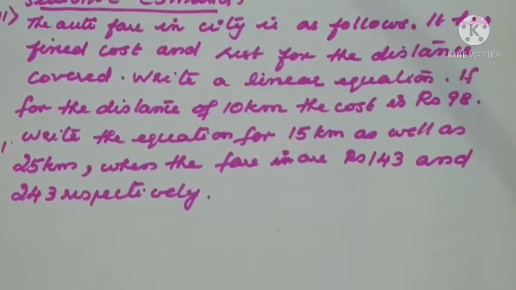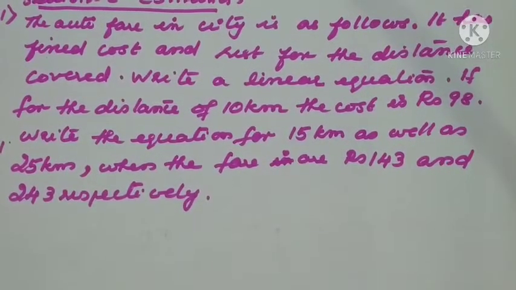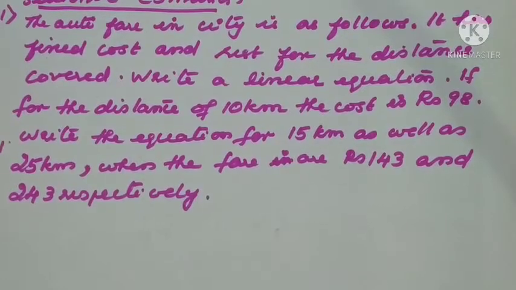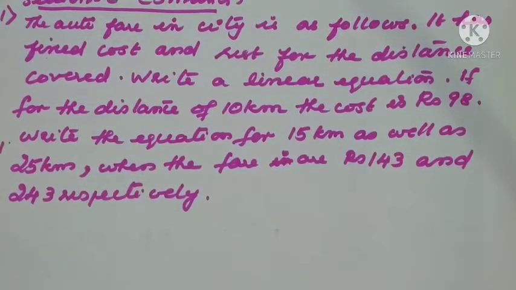So here there is no need of drawing the graph. They have told us that we just have to write the equation only. So there is a fixed cost for some distance, and the rest is different for the distance covered, meaning the rest of the amount depends on the distance. The question asks us to write a linear equation only.